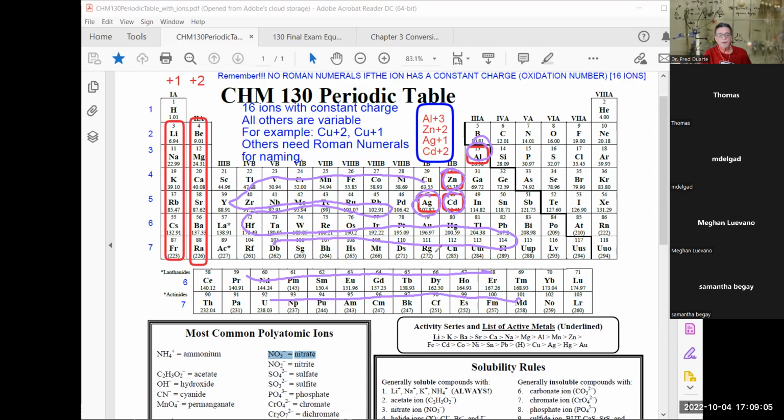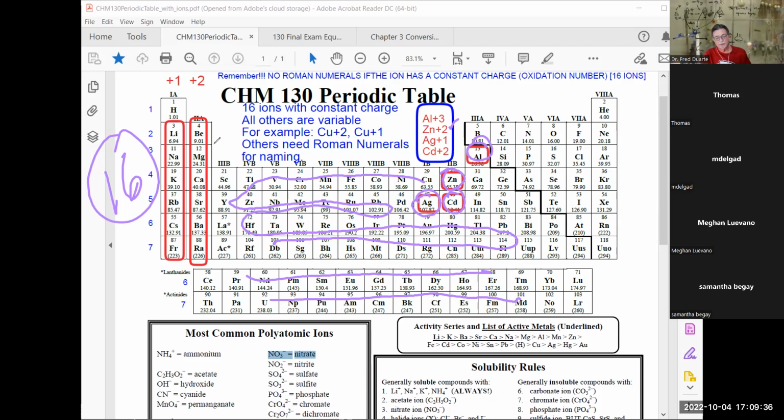It varies, with the exception of these 4. Zinc will always have a +2, 100% of the time. Silver always has a +1. Cadmium always has a +2. So therefore, there are 16 metals that you know 100% of the time what their charge will be when they become ions.